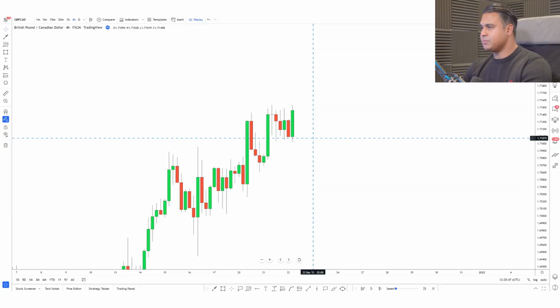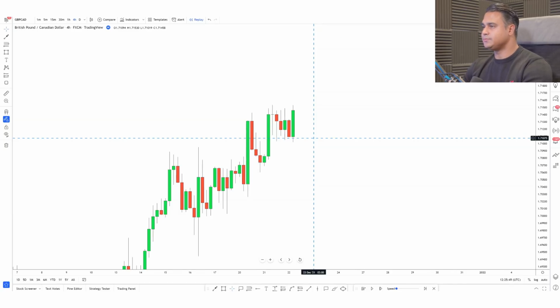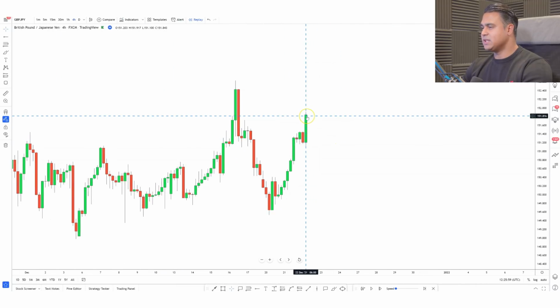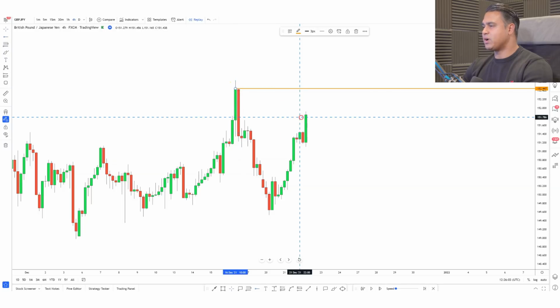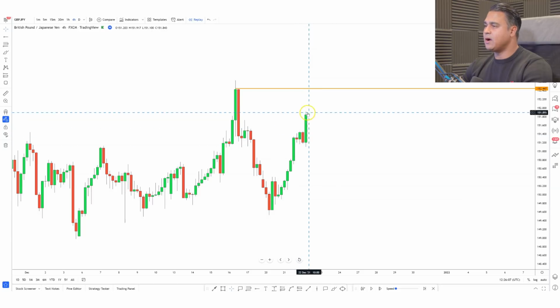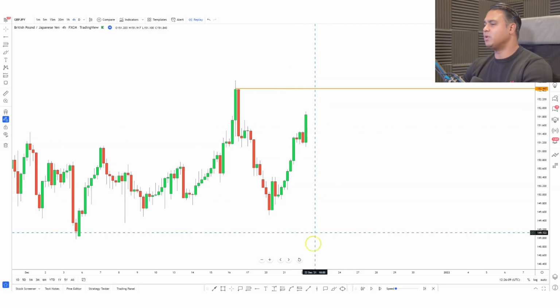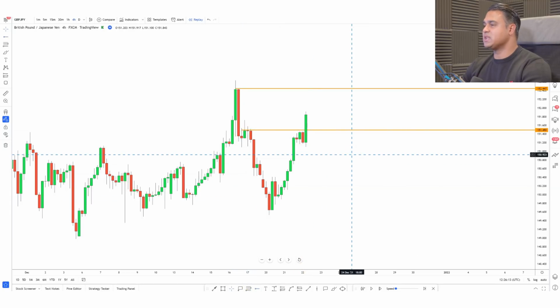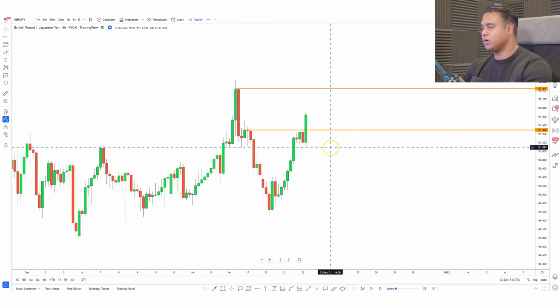Maybe we should look at pound JPY so we can highlight this illustration. So we're on pound JPY now, 4H time frame, and we can see that the previous candle closed bullish. We have an indication in the back of our minds that price can continue bullish back to the highs. We also have previous data that illustrates that the current behavior of the market has been bullish. We've also just broken above the previous level in the market where price was holding for a long period of time.